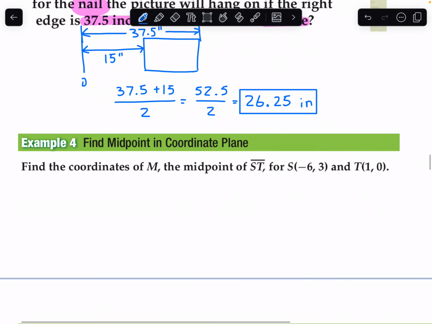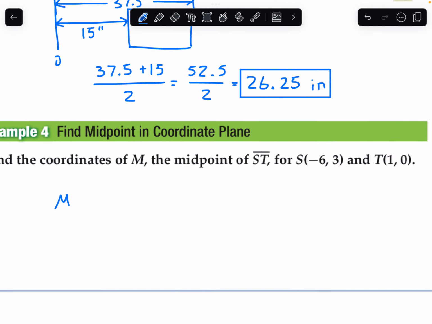Example 4. Find midpoint in the coordinate plane. Find the coordinates of M, which will be the midpoint of segment ST for S at -6, 3 and T at 1, 0. The general midpoint formula is the average of both coordinates.